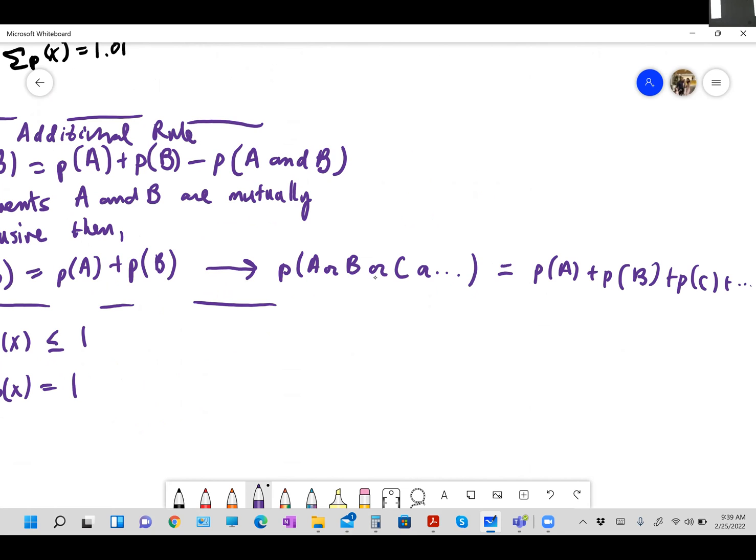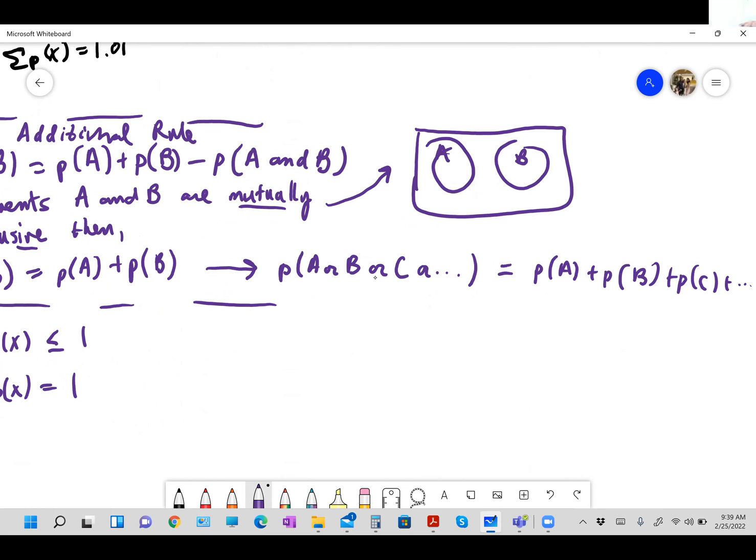Now, another important thing that's happening here is you have to remember what mutually exclusive means. Mutually exclusive means that A and B cannot happen at the same time.